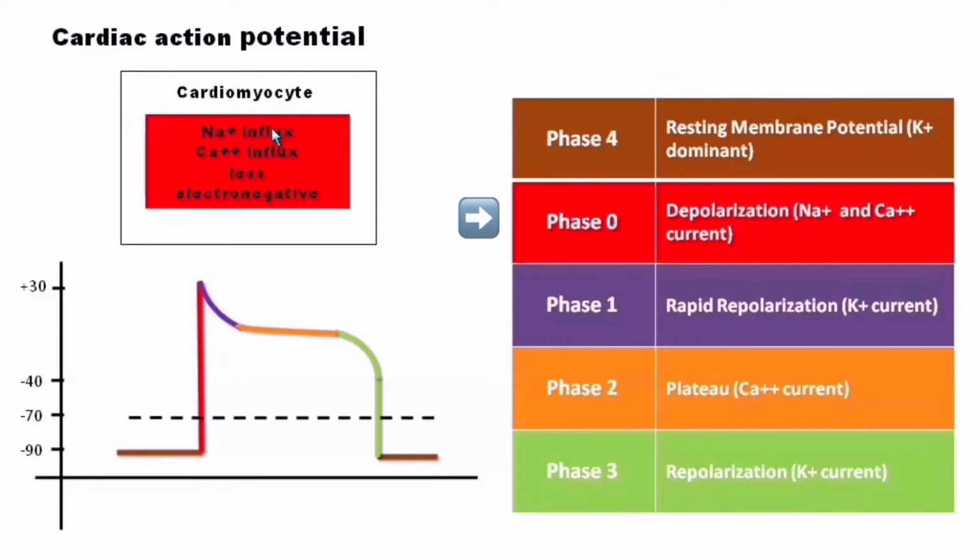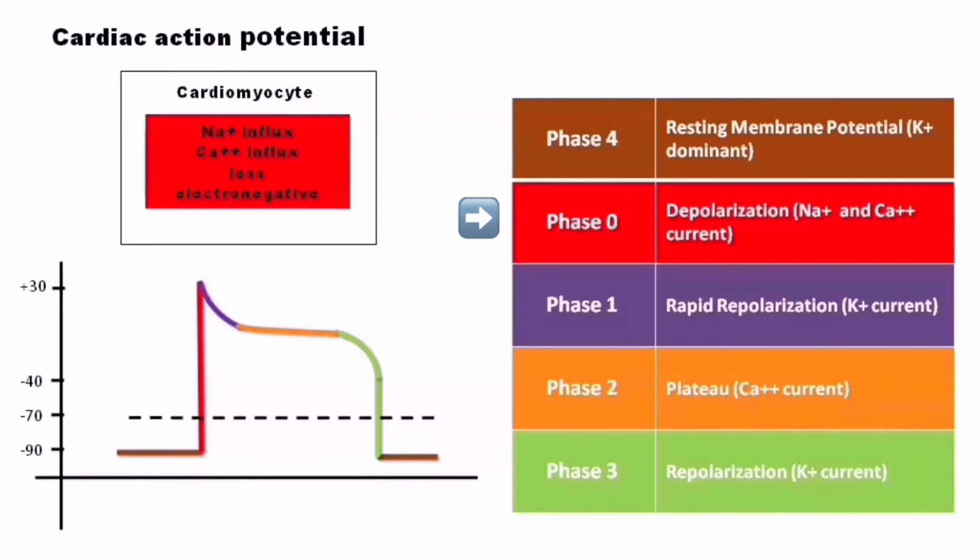With the influx of sodium ions, the electronegativity of the myocyte will become less. The cell will become less negative in charge. Say at a point, the charge will be negative 70. This value is important because negative 70 is known as the threshold potential of the cell.